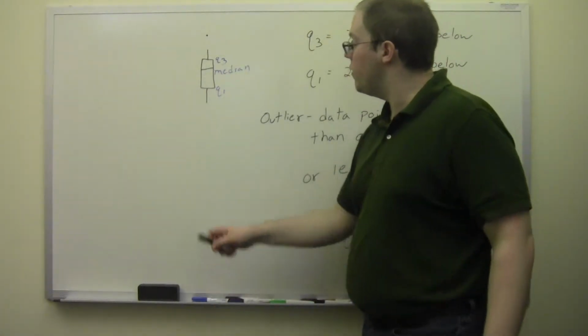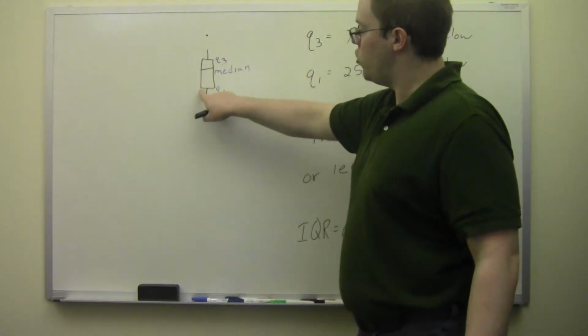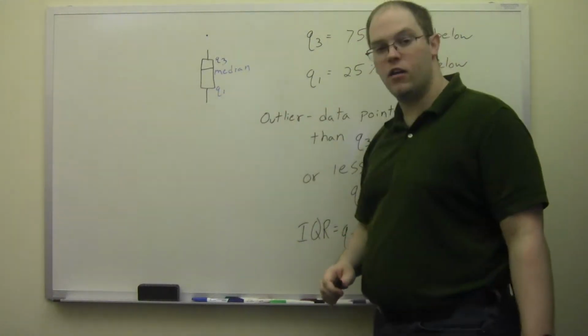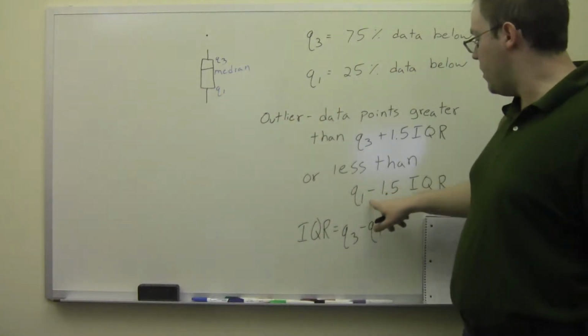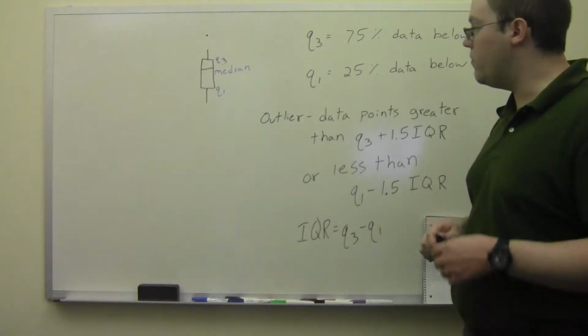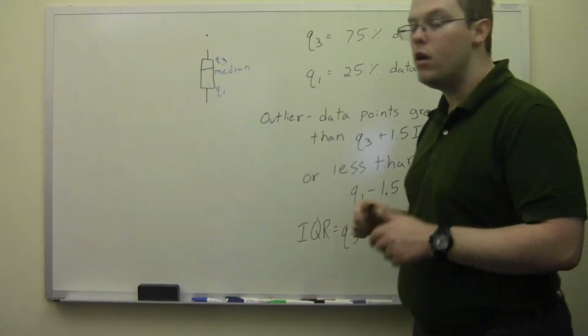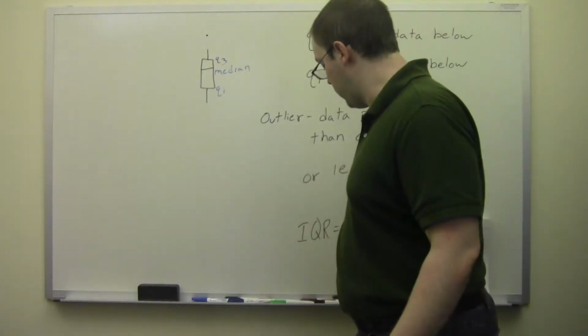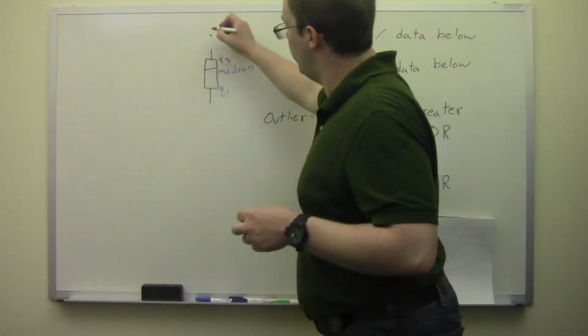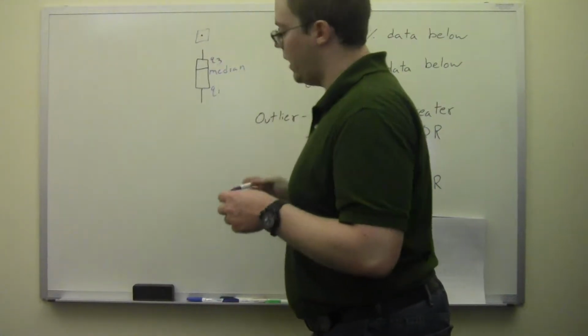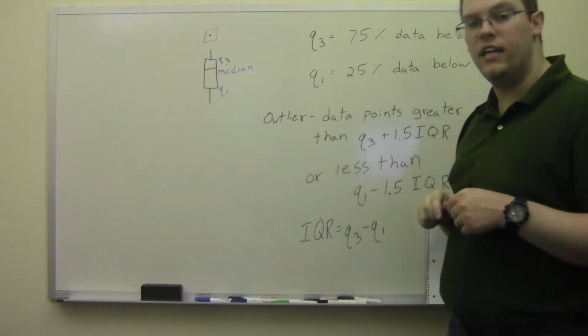Then these lines show how far out the data go that's within this 1.5 interquartile range. Any dots that you see on the graph, such as this point here, are exactly outliers.